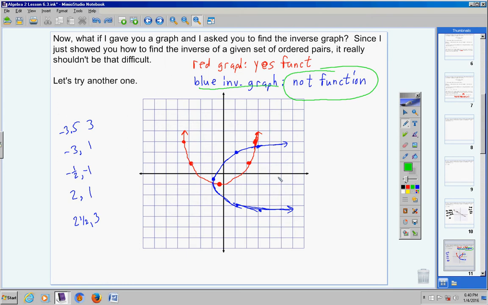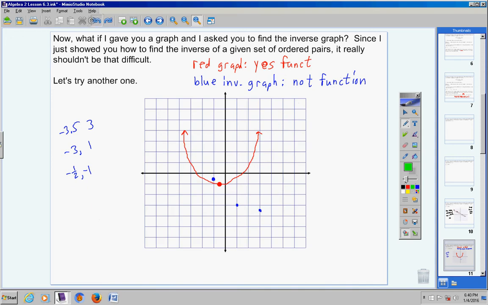Now, how was I able to make that prediction before the blue graph was even up here? I was able to make that prediction because, remember, I used the horizontal line test on the red graph.